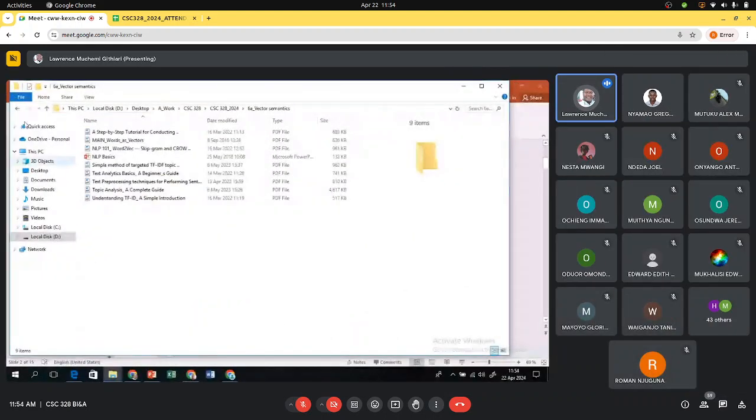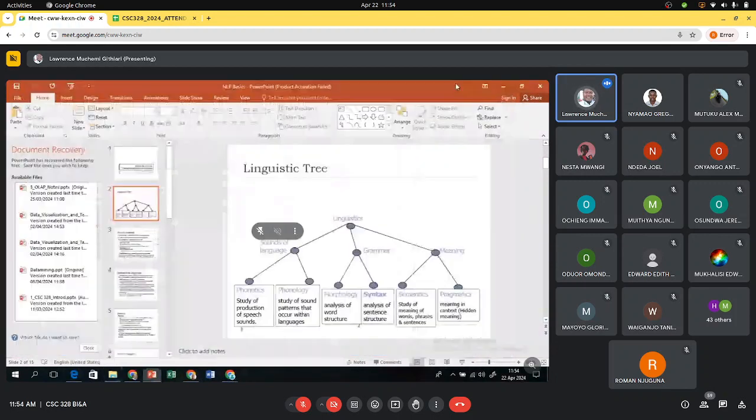But still going back to our 6A, our folder 6A vector semantics. We need to maybe start understanding these things slowly by slowly. And we could open maybe a step-by-step tutorial. Yeah, let's open that one and see what it has for us.